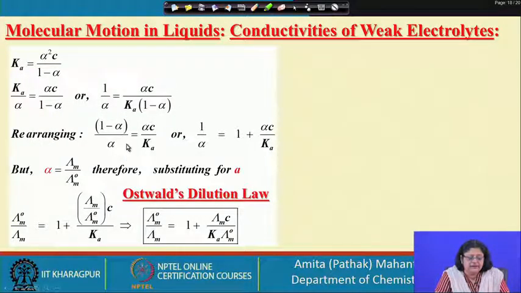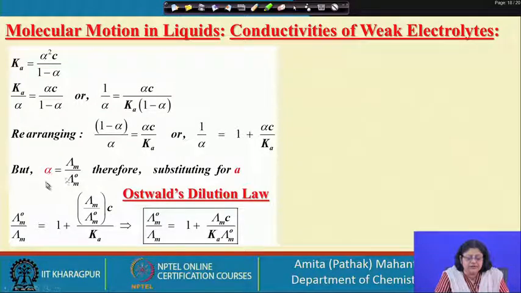Rearranging is just manipulation of the expression. You take this divided by alpha to this side, and you get this, and alpha C divided by K. Again you rewrite 1 by alpha, break this up, this is going to be 1, this minus 1 goes to this side, plus 1, and this remains alpha C by K.